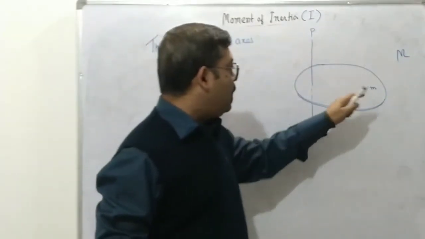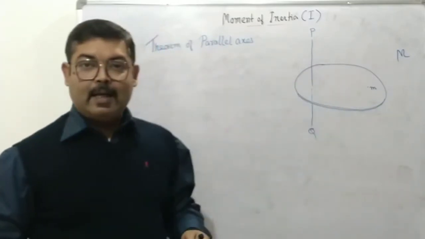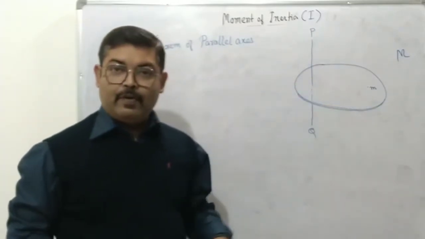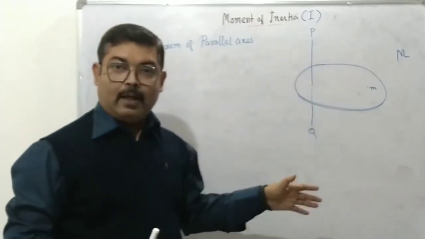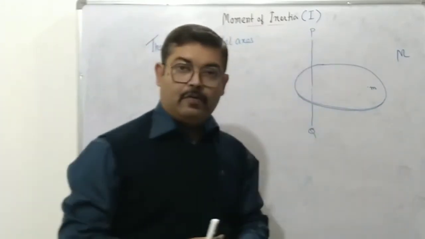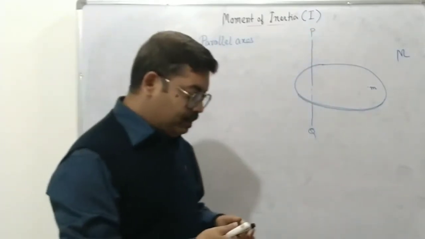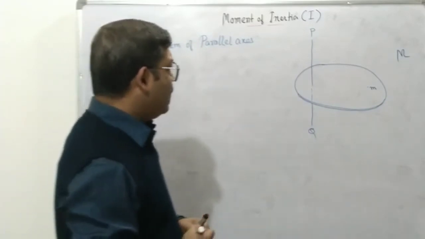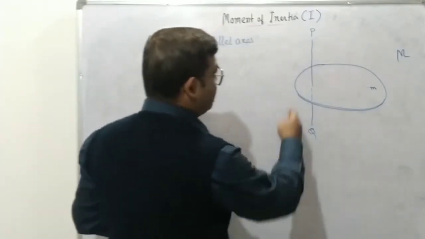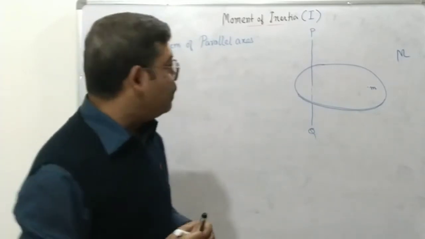So, we will consider a particle of mass small m at certain distance from the given axis, and then find its moment of inertia, and then sum over the entire body to get the moment of inertia of the body about the given axis. Now, let us consider another axis RS, which is parallel to the given axis but which passes through the center of mass of the body.